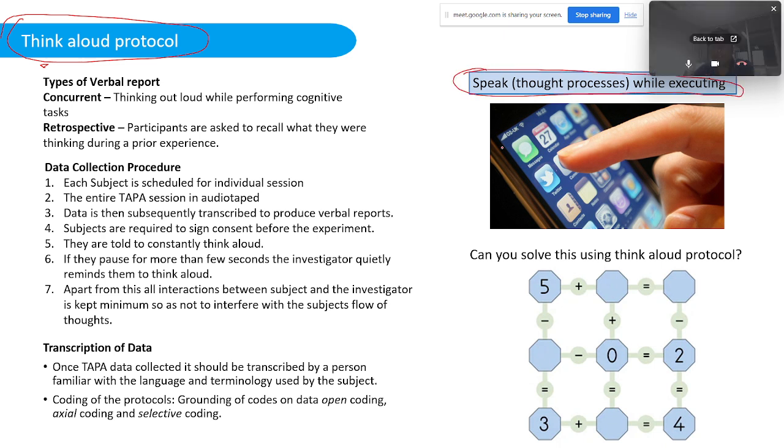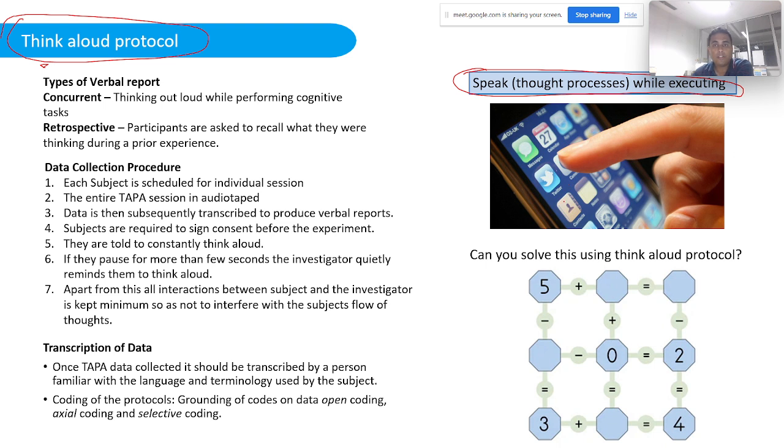That means if a particular person is using a particular interface or operating a particular application, he or she needs to speak aloud his thought processes. Now this is not easy, but it comes after some training that lets you understand how this works.